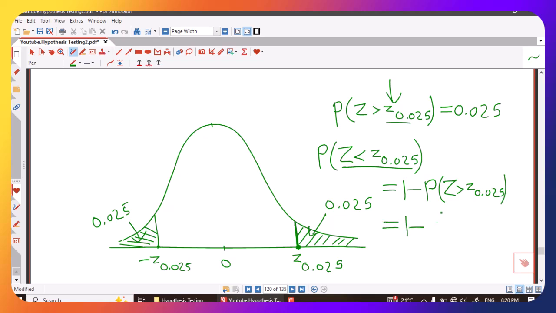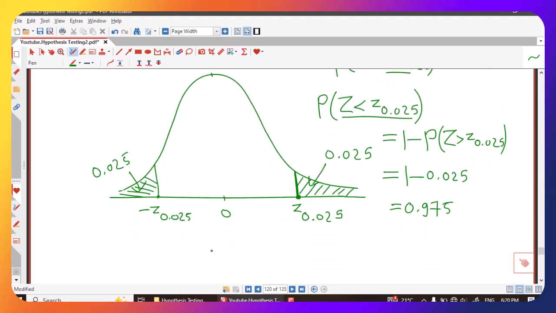This turns out to be 1 minus 0.025, and that is 0.975. So in the table of cumulative standard normal distribution, we have to search for this area 0.975, and the value of Z corresponding to this area in that table will give us this critical value.